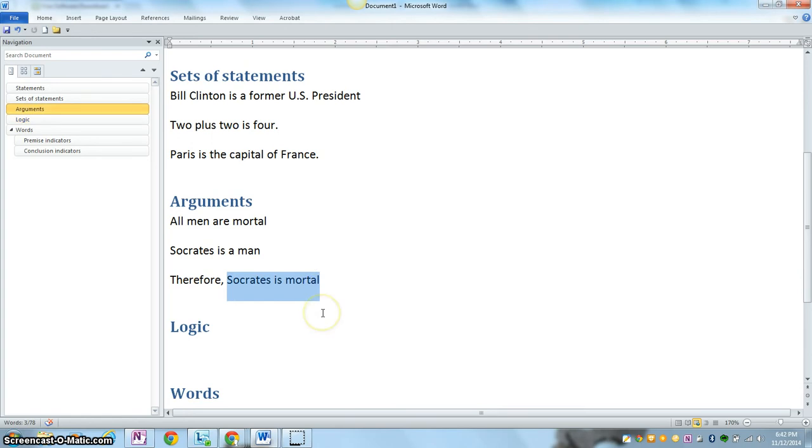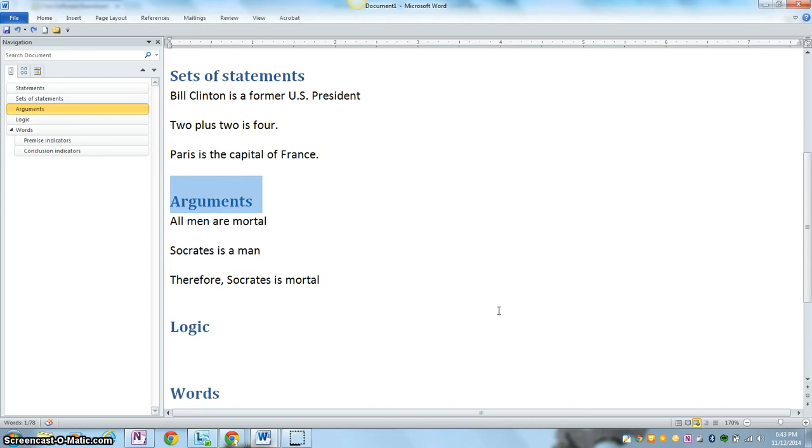When you have a situation like this, when you have a set of statements such that one of them, normally the one that comes at the end, is offered as supported by the other two, then you have what is called an argument. So we're taking the word argument here in a very technical sense, in the sense of logic.